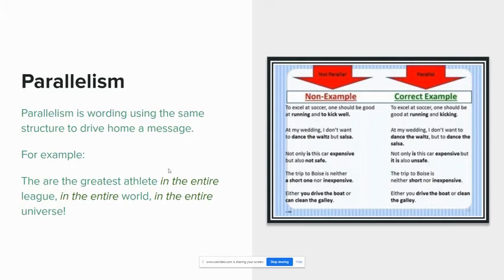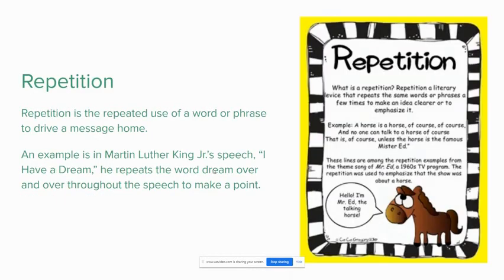So you can see sometimes you can just repeat a phrase over and over again to help you with the grammar in a sentence. And sometimes you can use the same style of verb and you're using parallelism. Okay, so speaking of repetition, it is when you are using the same word or phrase over and over again, but it doesn't necessarily have to be grammatically the same.